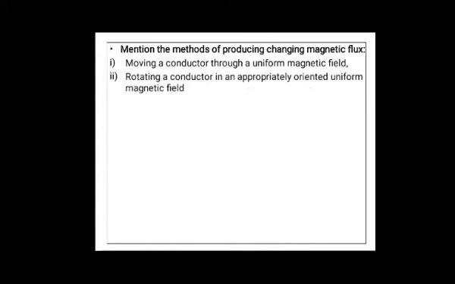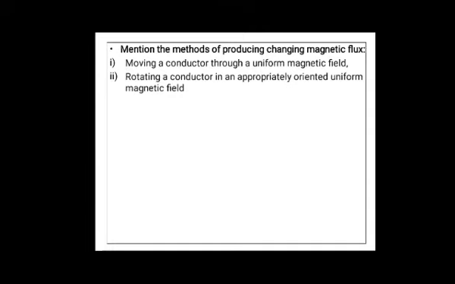First method is you can move the conductor in a uniform magnetic field. If conductor is moved in a uniform magnetic field, magnetic lines of force will cut. Due to that, there will be change in magnetic flux. Correct? Then another method is you can rotate a conductor in an appropriately oriented uniform magnetic field.